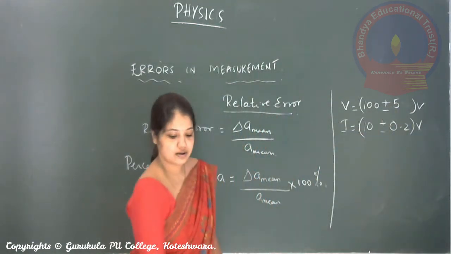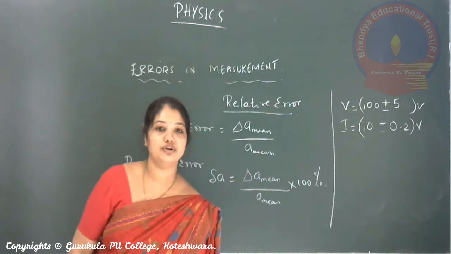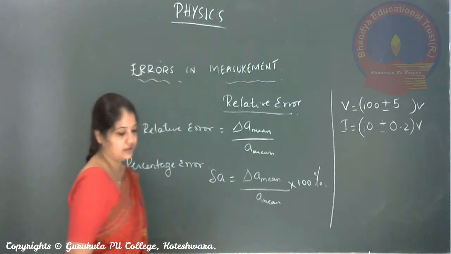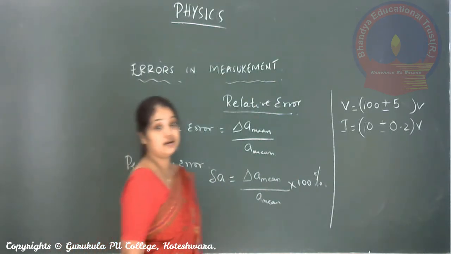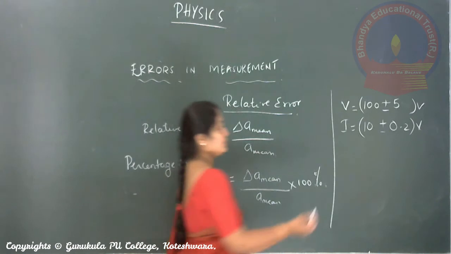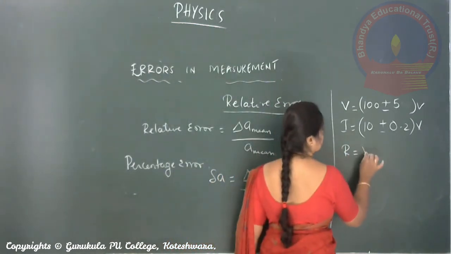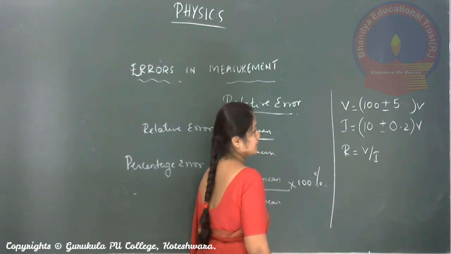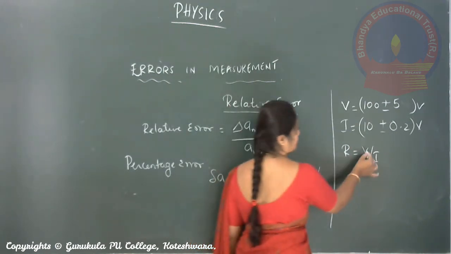Okay, this is the example which is given to you. In this case, I will have to find out the error in the resistance. I know that resistance R is equal to V by I.